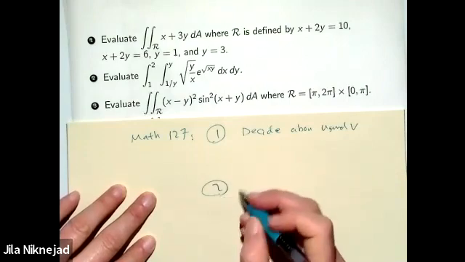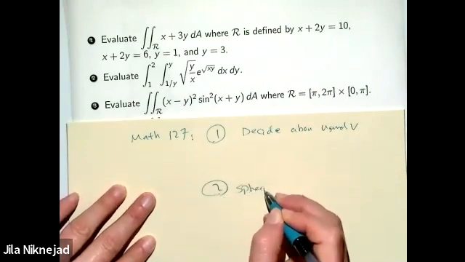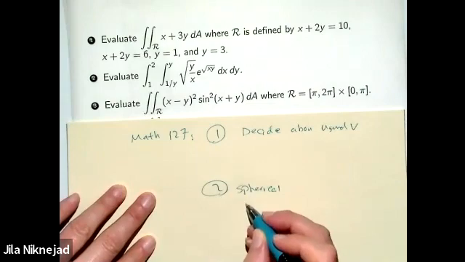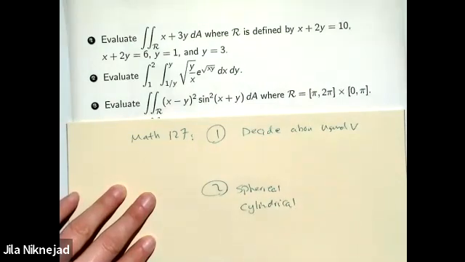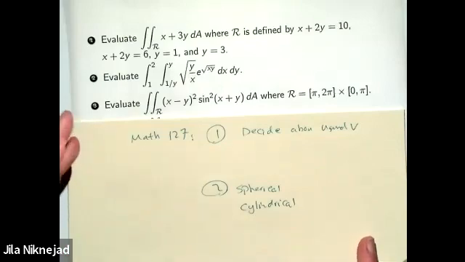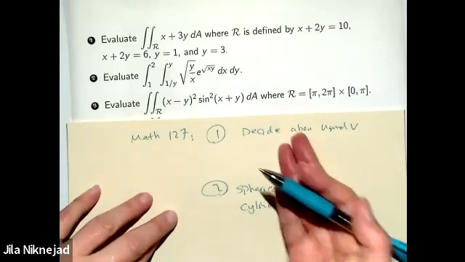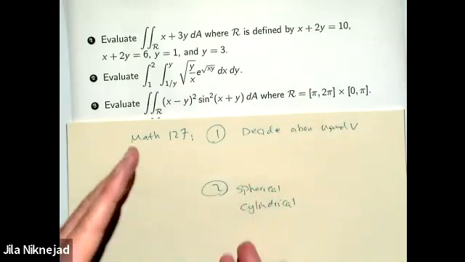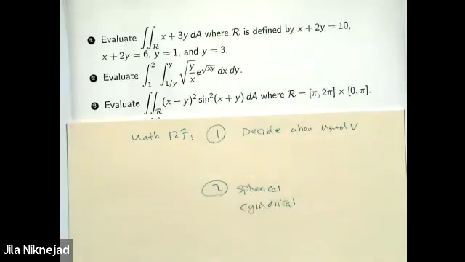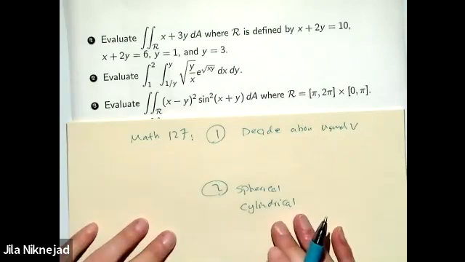The second one is the spherical and cylindrical. This is the most emphasis that I have for the change of variables. I don't know how many of each, but these are the major parts that we're covering in 127.